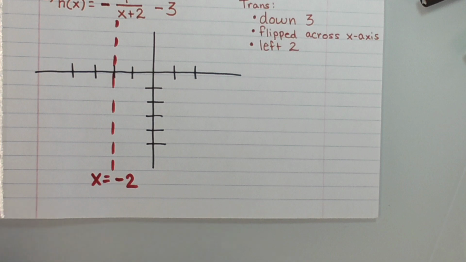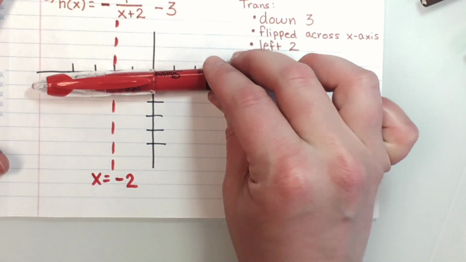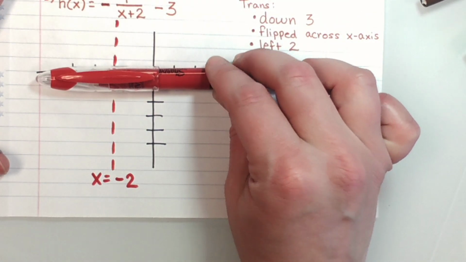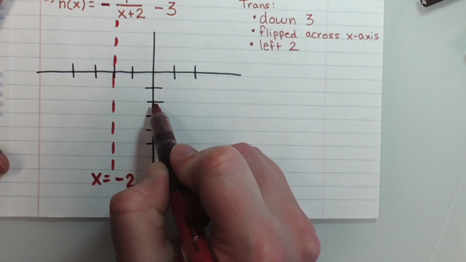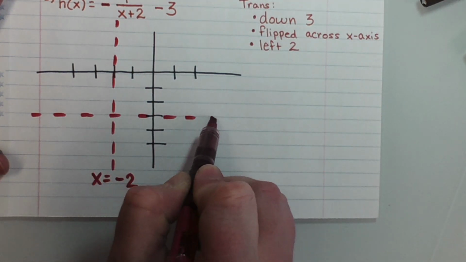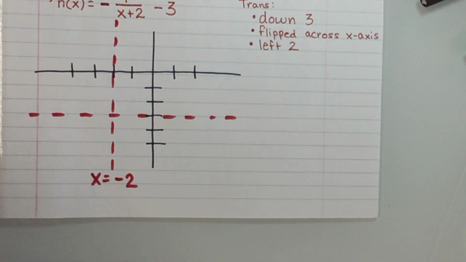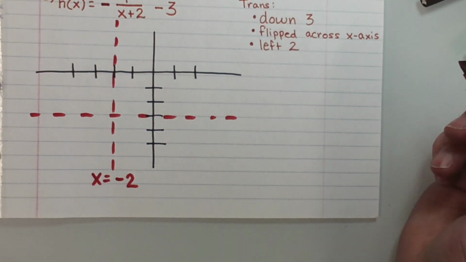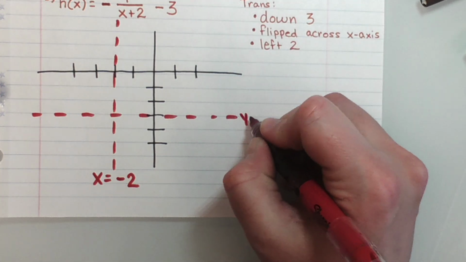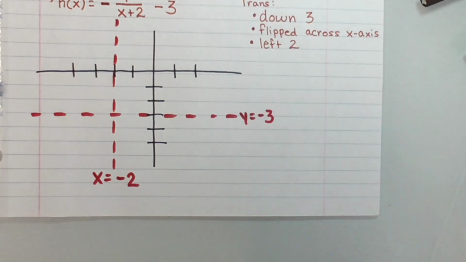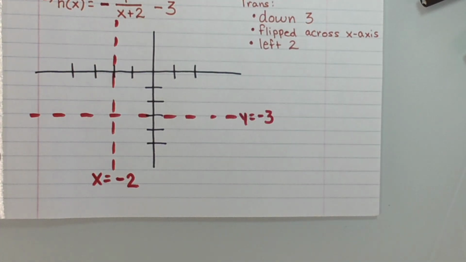Aiden, horizontal asymptote. How am I going to notice it moving? Down 3. I'm going to notice it moving down 3. Cadence, what's the equation of that line? Y equals -3. Keep an eye on the positive and negative. Okay.